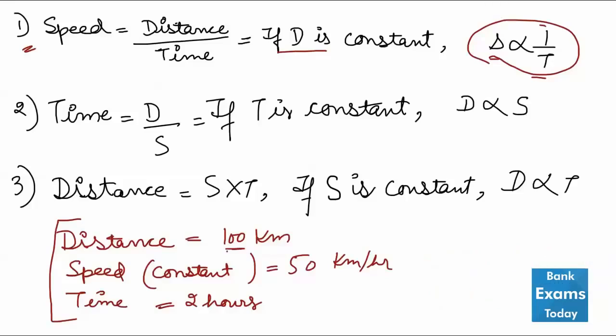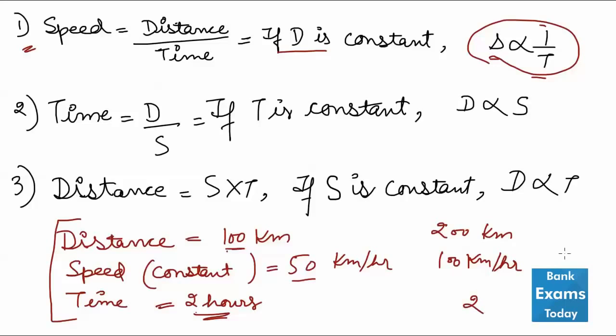So let's do the second derivation. If the time is constant, the distance is directly proportionate to speed. For example, if the time is constant at 2 hours and the speed increases from 50 kilometers per hour to 100 kilometers per hour, obviously the person can cover 200 kilometers in 2 hours.